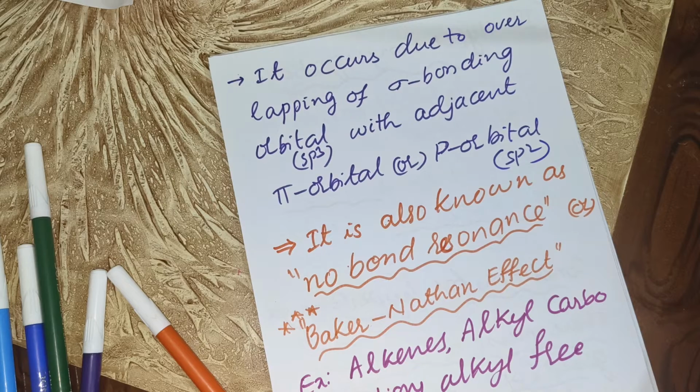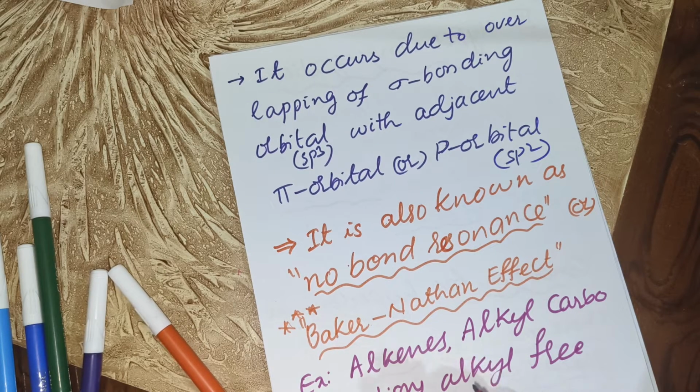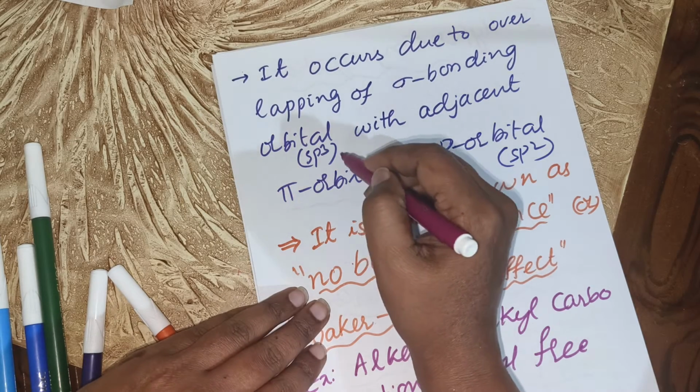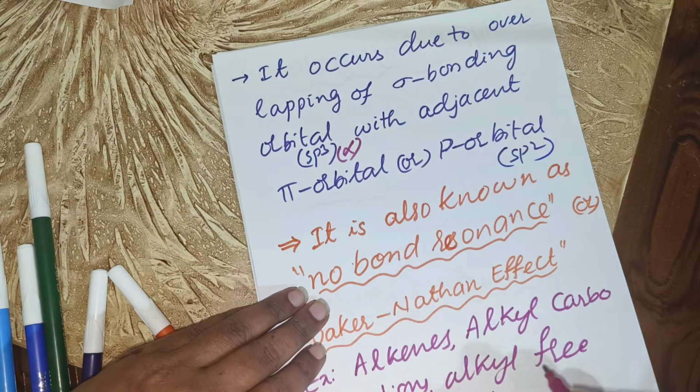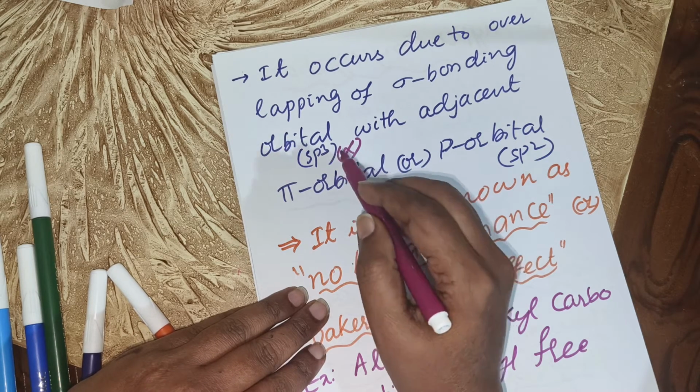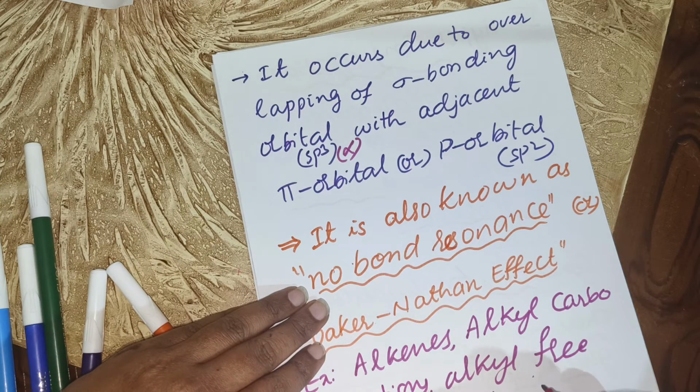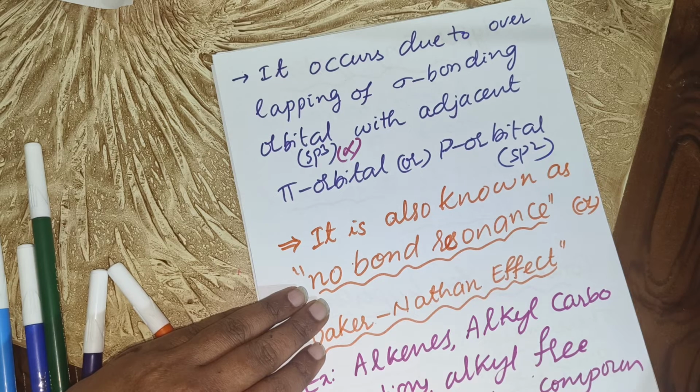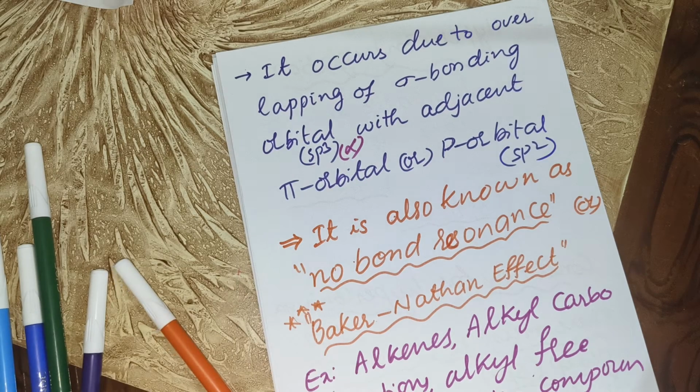I already told you, you can watch the previous video. Nitro compounds with alpha hydrogen. The sp3 carbon is called the alpha carbon, and the hydrogens attached to the alpha carbon are called alpha hydrogens. These are examples for hyperconjugation.